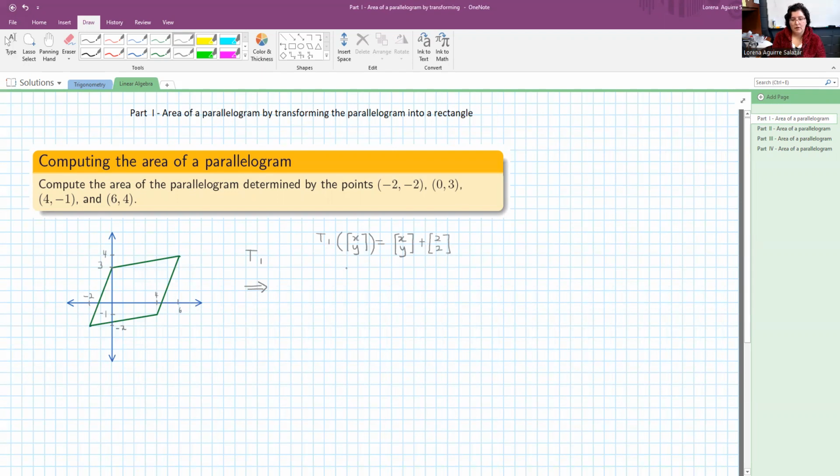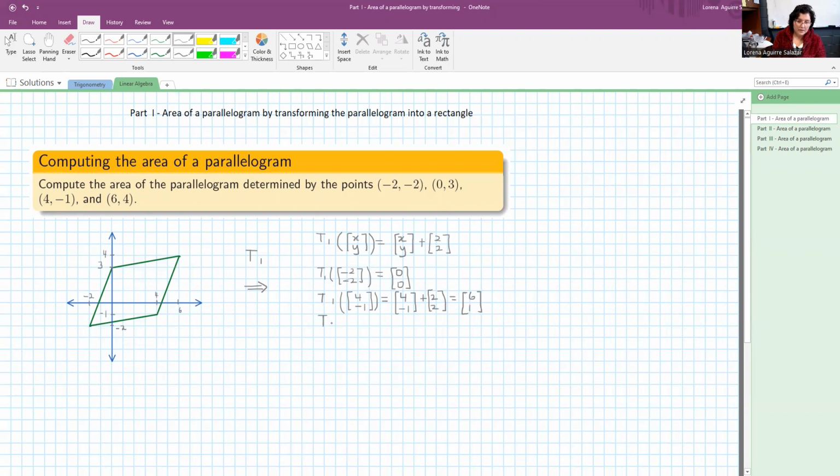When we do this, we obtain new vertices. So here we have that (-2, -2) gets mapped into (0, 0). That's the idea of applying this transformation. Then the vertex (4, -1) gets transformed into (4, -1) added with (2, 2), so here we get the vector 6 in x and 1 in y.